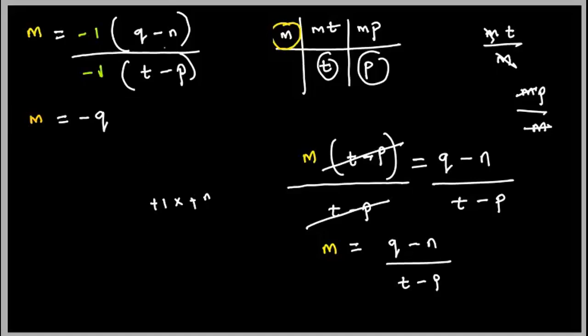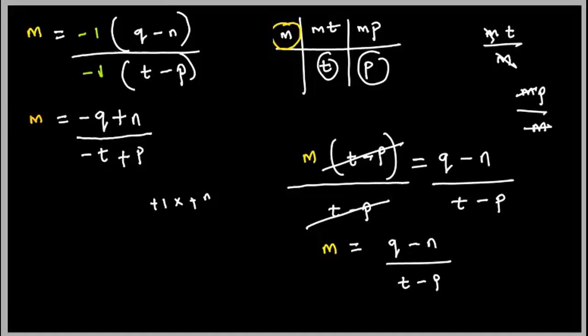So minus 1 times minus n is plus n, all over this is the same thing. Minus 1 times t is minus t, and minus 1 times minus p is plus p, of which I'm done.